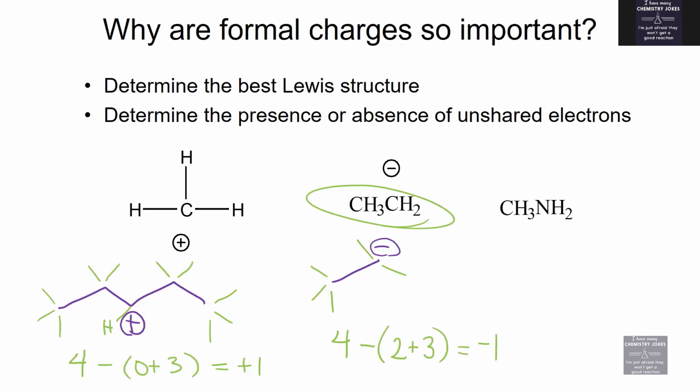So that carbon with a minus is a carbon with 3 bonds and a lone pair. Does this carbon with a plus have a lone pair? Absolutely not, never ever. But carbon with a minus has a lone pair. So formal charges help you know how many hydrogens are there and how many lone pairs are there.